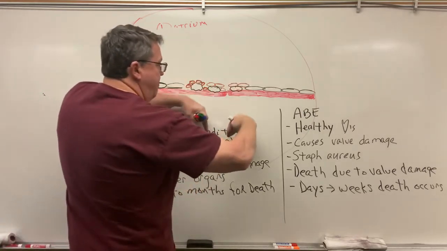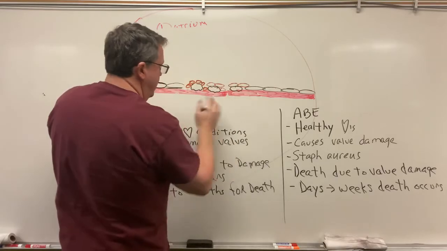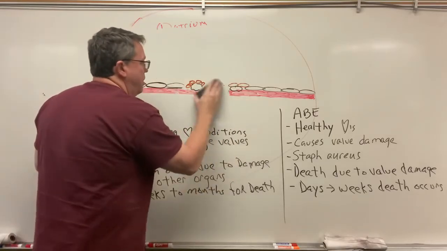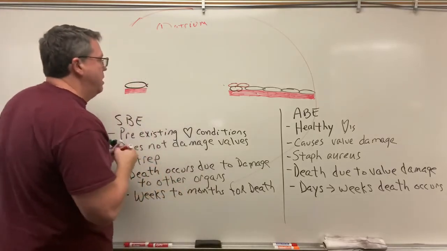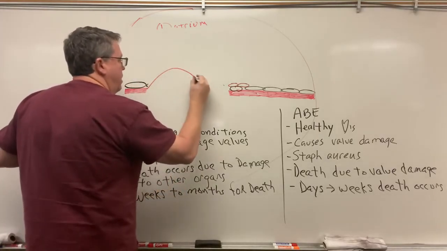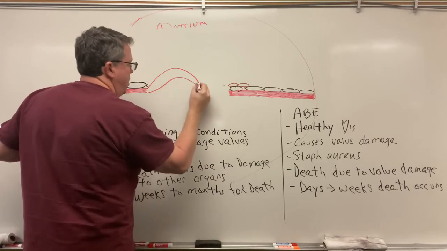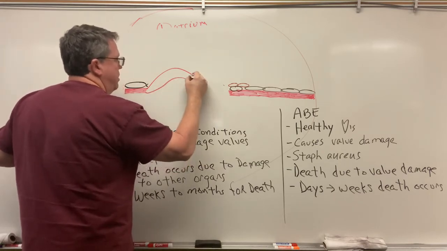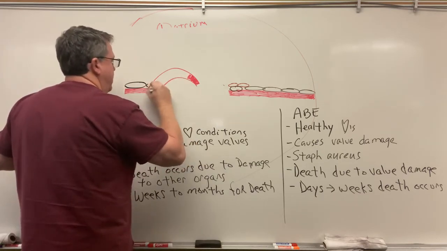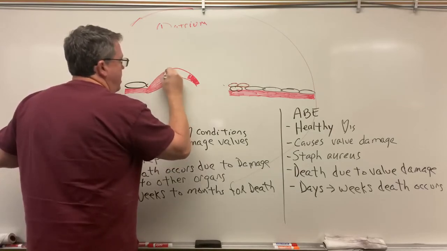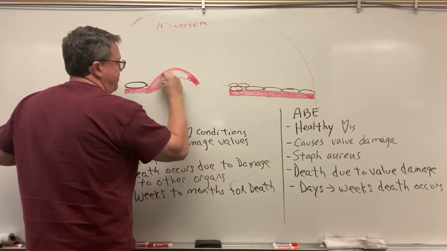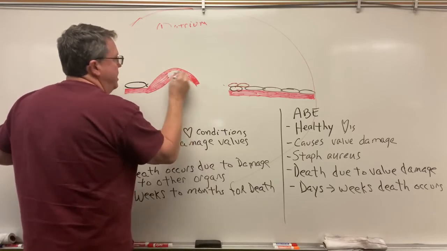So now instead of the valves opening and closing like they should, what's going to occur is my valves will actually start to change their shape. And they become prolapsed. All right, so now you can see the valve doesn't close.